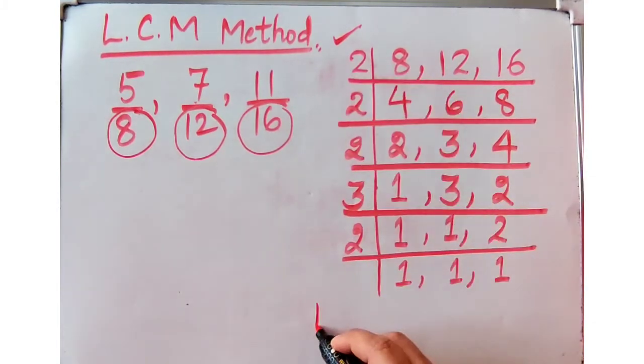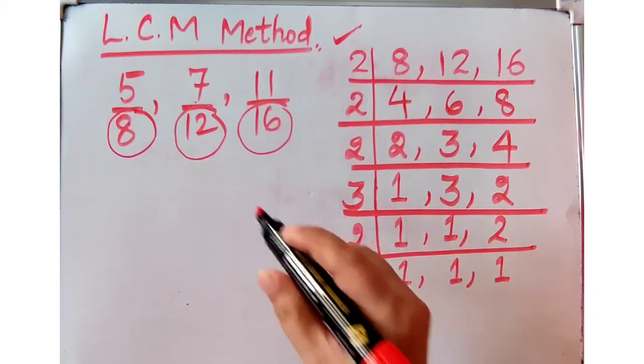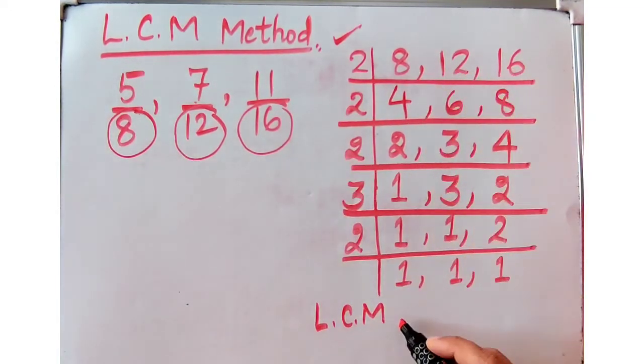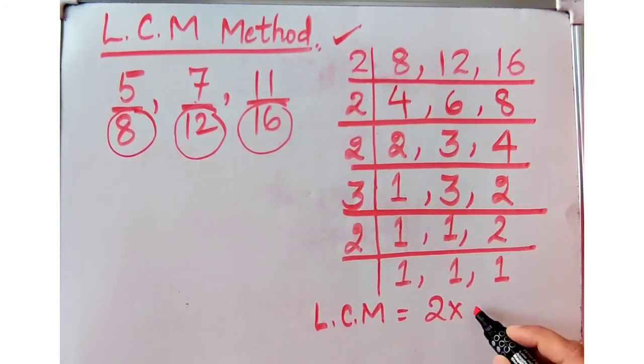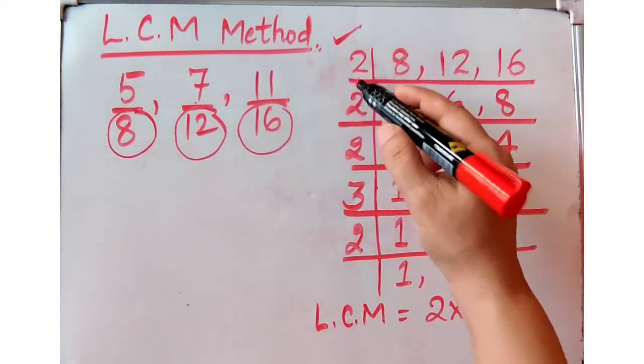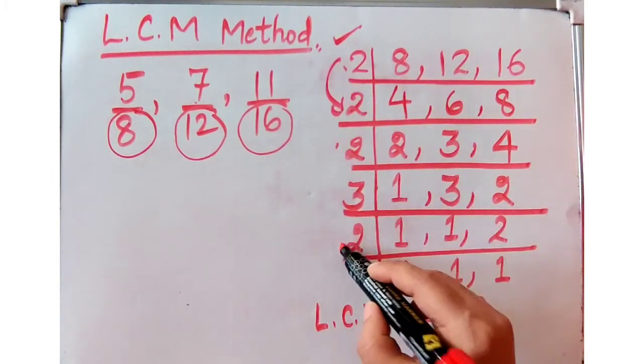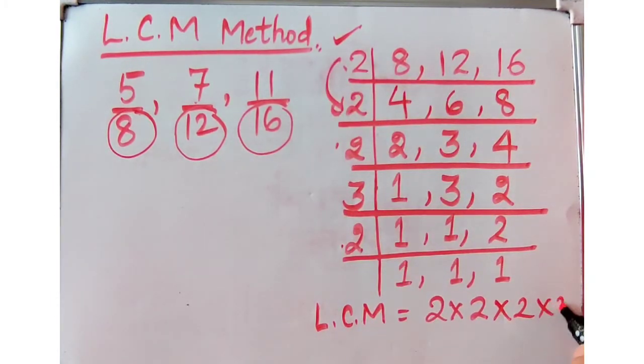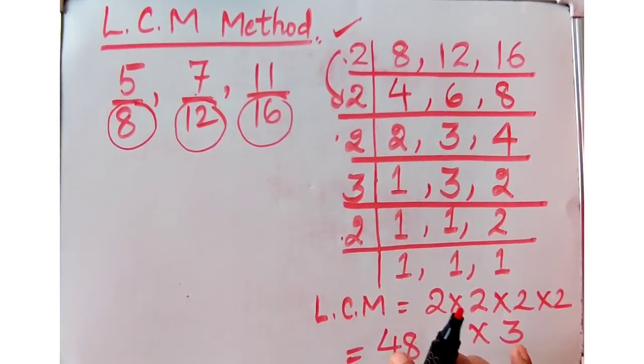Therefore the LCM of 8, 12 and 16 will be equal to 2 into 2, 2 times 2, 3, 4 times 2 and multiplied by 3. So 2 2s are 4, 4 2s are 8, 8 2s are 16, 16 3s are 48. Thus my LCM will be 48.